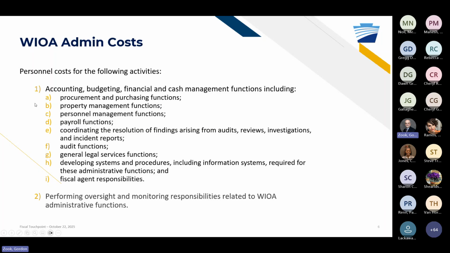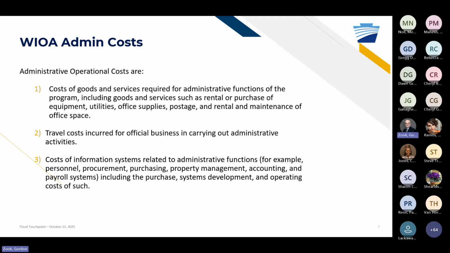So administration is personnel costs for accounting, budgeting, financial, and cash management functions, and performing oversight and monitoring responsibilities related to these functions. And administrative operational costs are the costs of goods and services that are required for the administrative functions of the program, travel costs for official business and carrying out those activities, and costs of information systems related to those administrative functions.